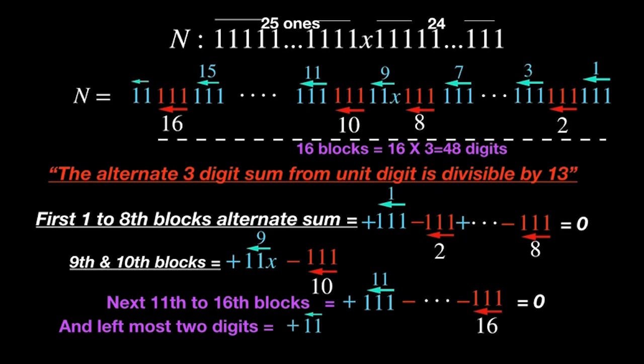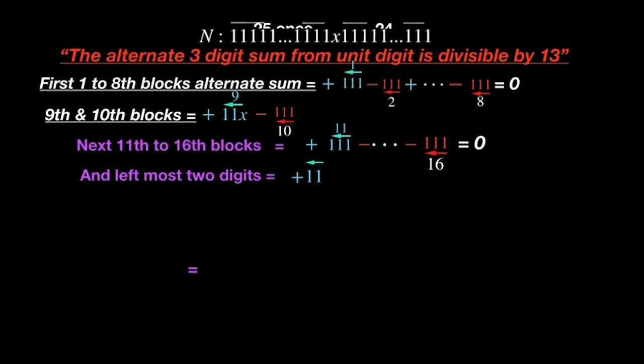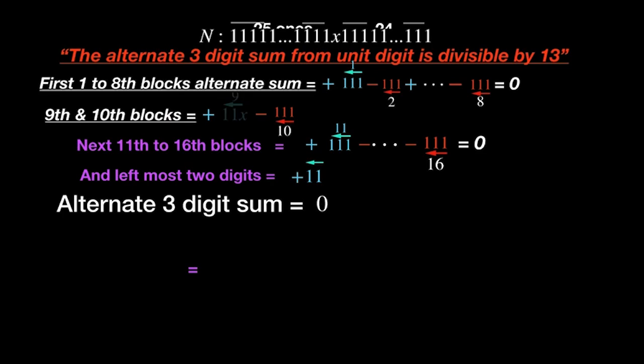So now we can compute the total sum. The first 1 to 8 blocks give 0, and then the 9th and 10th blocks: plus 11x, and then minus 111 for the 10th block, which is red color, and then the next 11th to 16th blocks give 0, and then the leftmost 2 digits, that is 11.